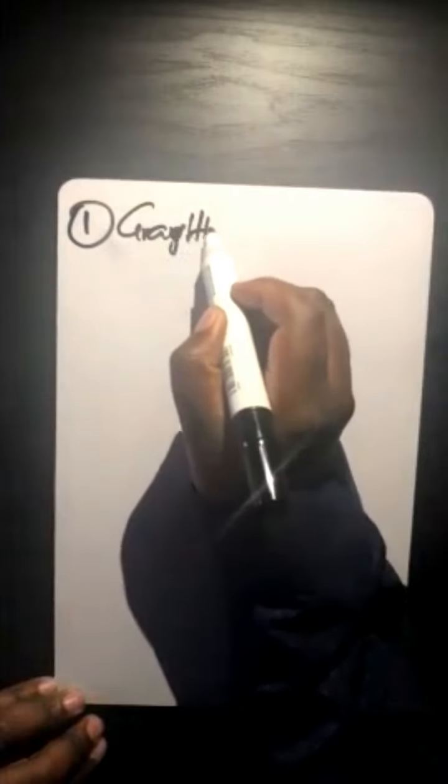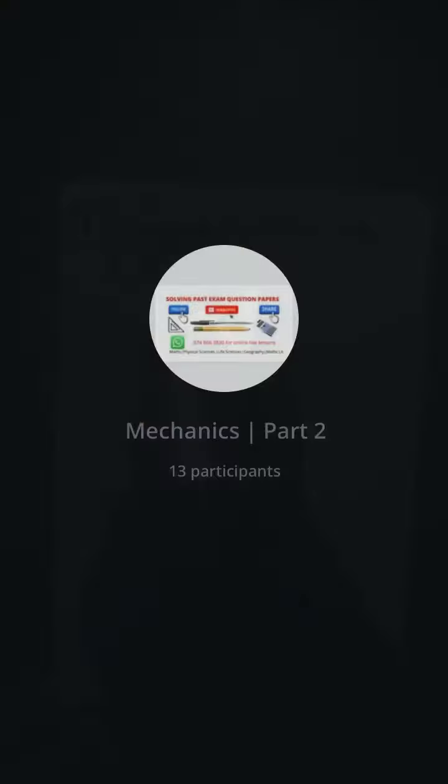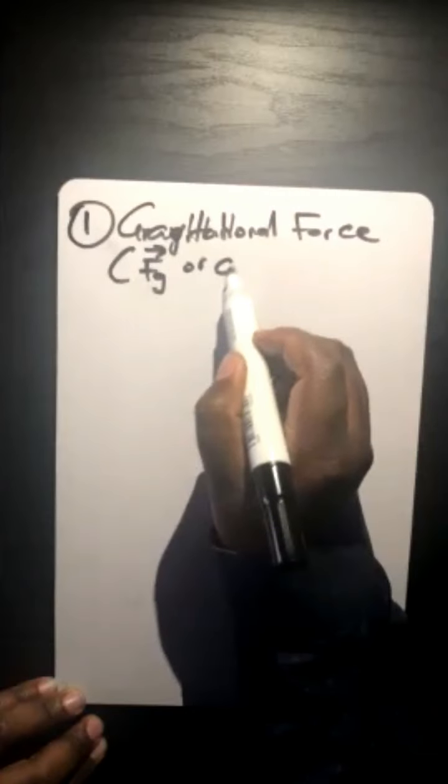So ladies and gentlemen, I just want us to now have a discussion on each of those. Remember the first one I said is gravitational force, which is force vector g, or acceleration g.